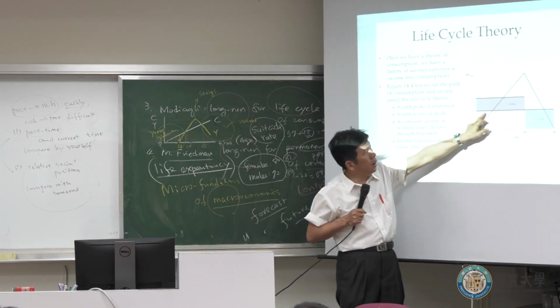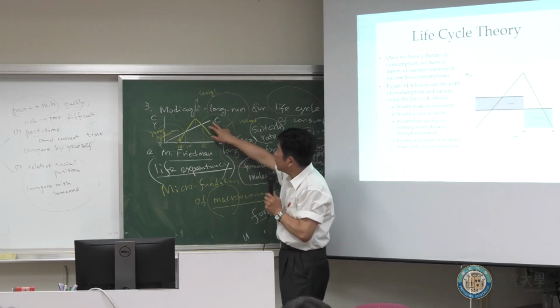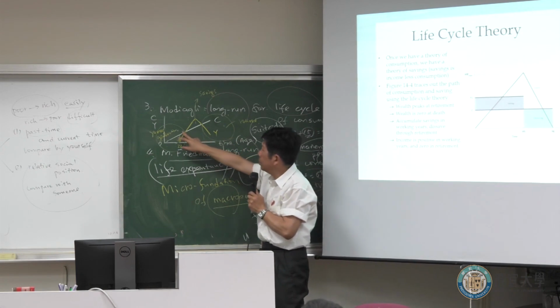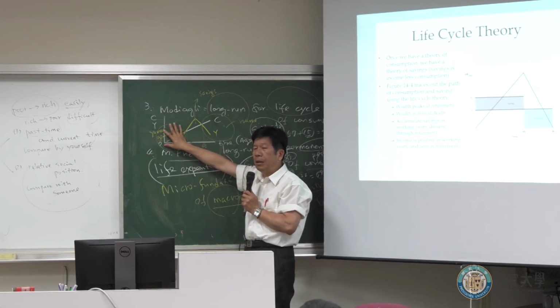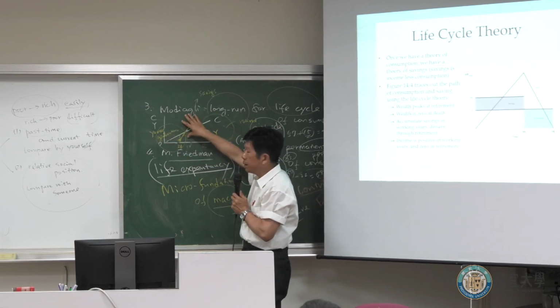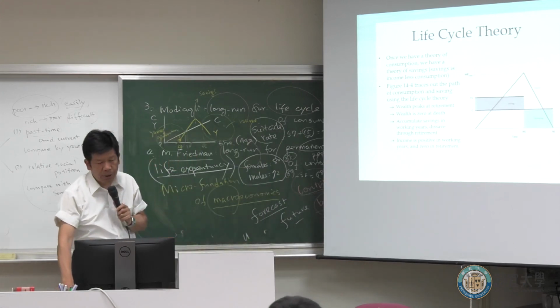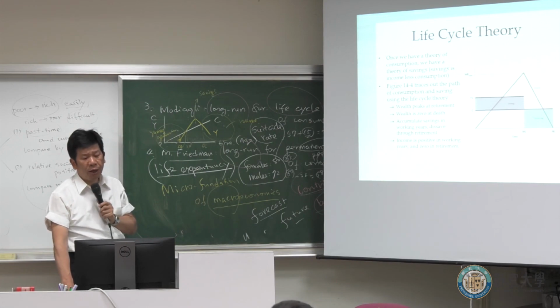You can write down this is the consumption and this is the earning. You can look, this area represents your savings. So you can try to see how to manage your life.